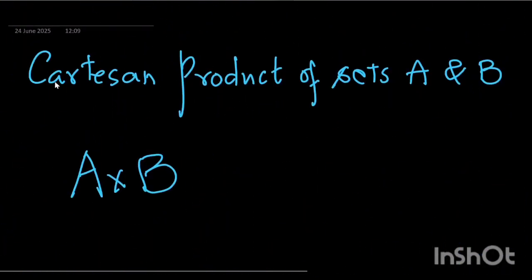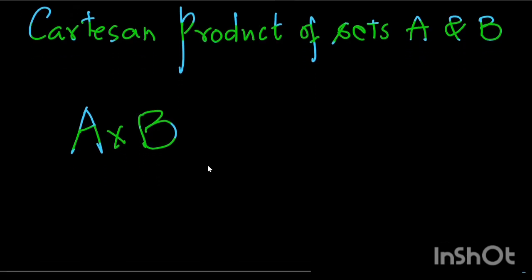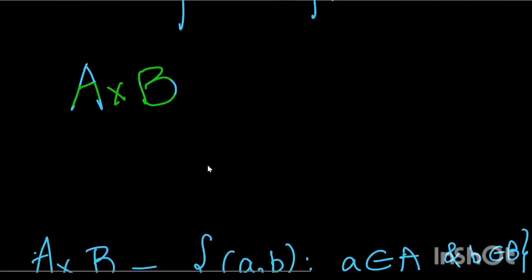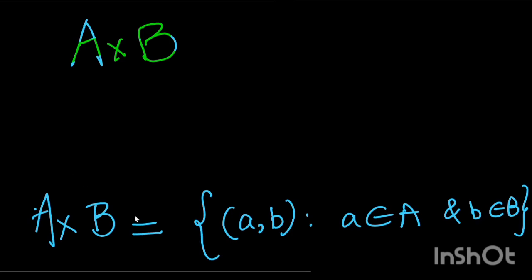Here we want to define the product of sets A and B, which we denote simply by A cross B. Okay, so how do we define the Cartesian product of these two sets A and B? A and B are two sets. So let's say a is an element of A, b is an element of B. The Cartesian product of two sets A cross B, first of all, this is also a set.